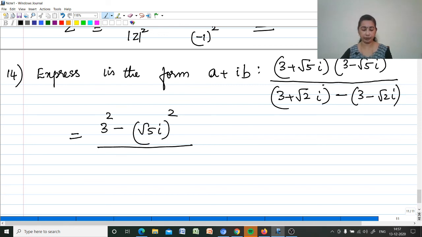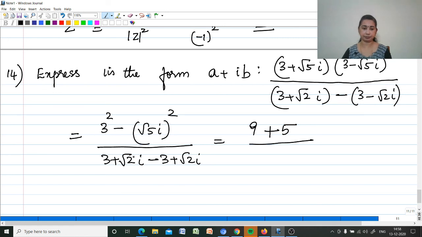We have to open the bracket there. So, 3 plus root 2i minus 3 plus root 2i. That is equal to 3 square is 9 minus root 5 square is 5 and i square is minus 1. So, minus of minus, plus 5, divided by 3 minus 3 getting cancelled. Root 2i plus root 2i is 2 root 2i.